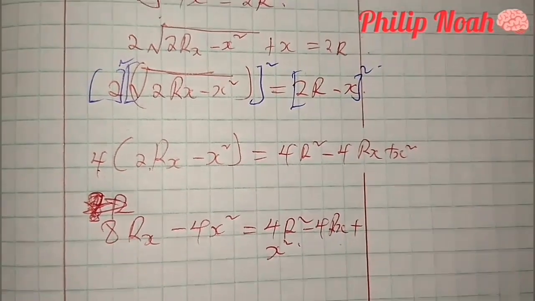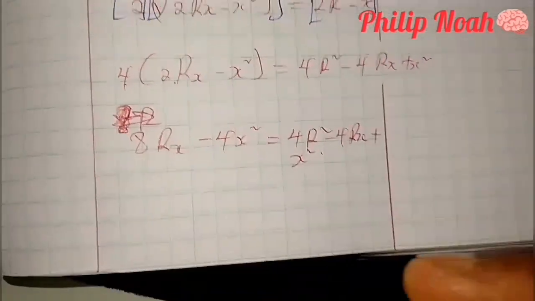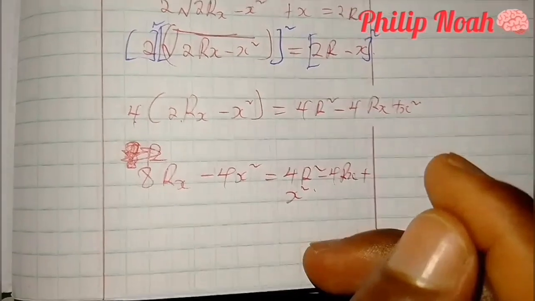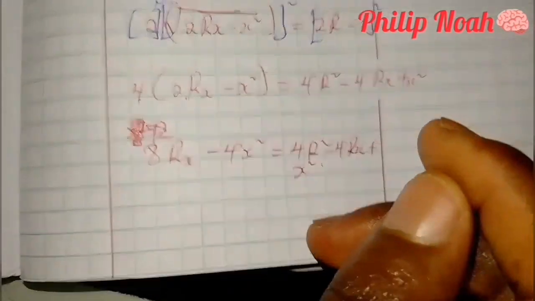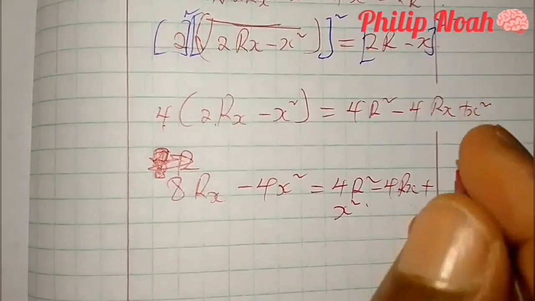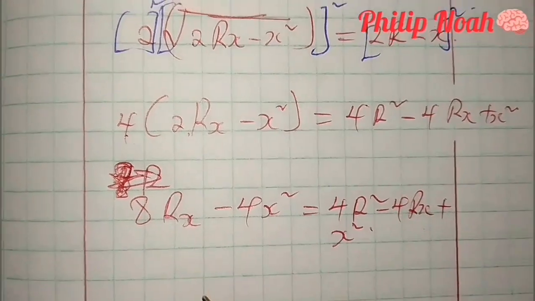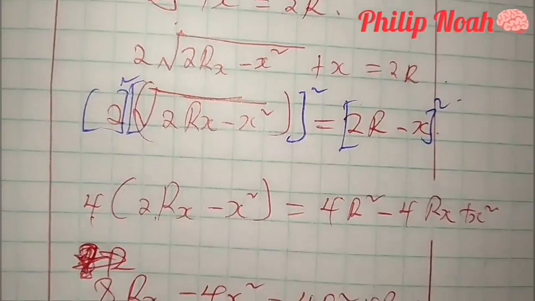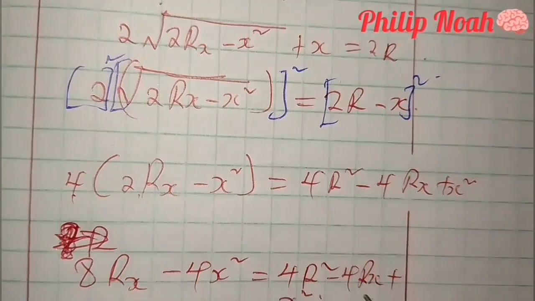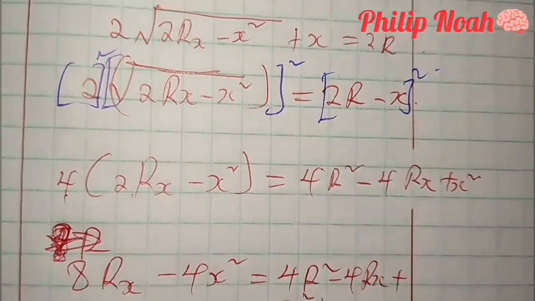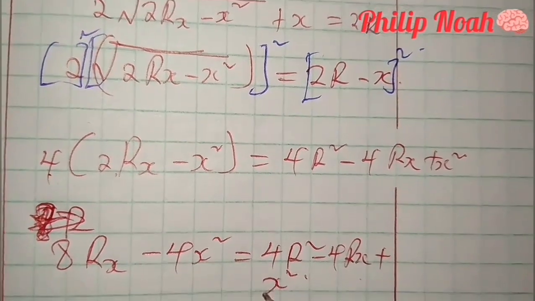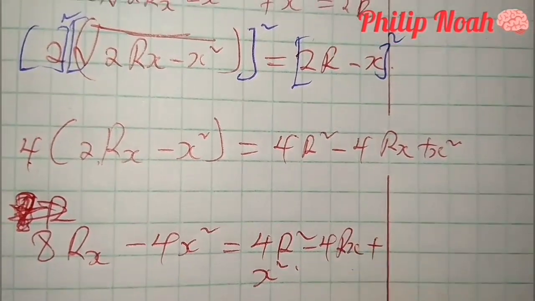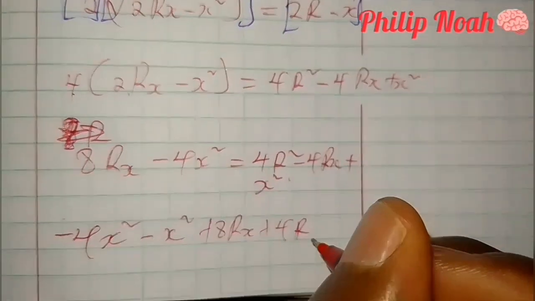We now write it in the form ax squared plus bx plus c equals 0, and this comes down to negative 4x squared minus x squared plus 8rx plus 4rx.